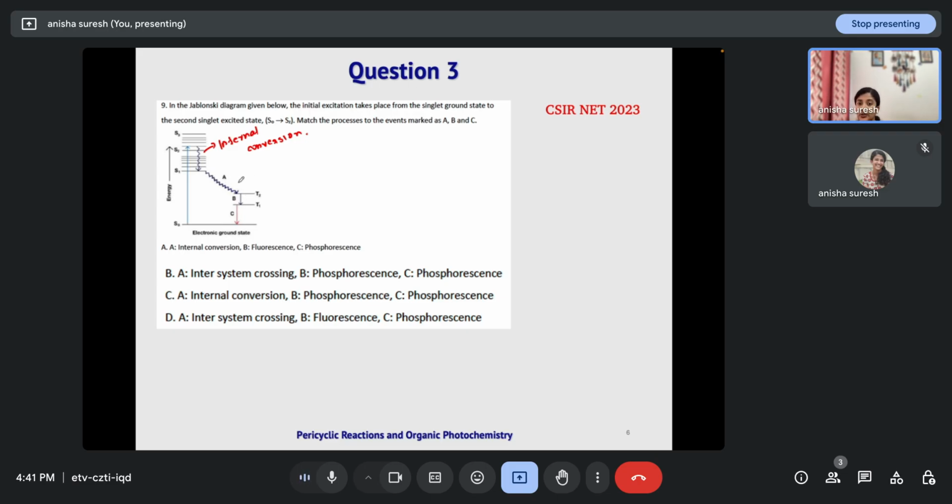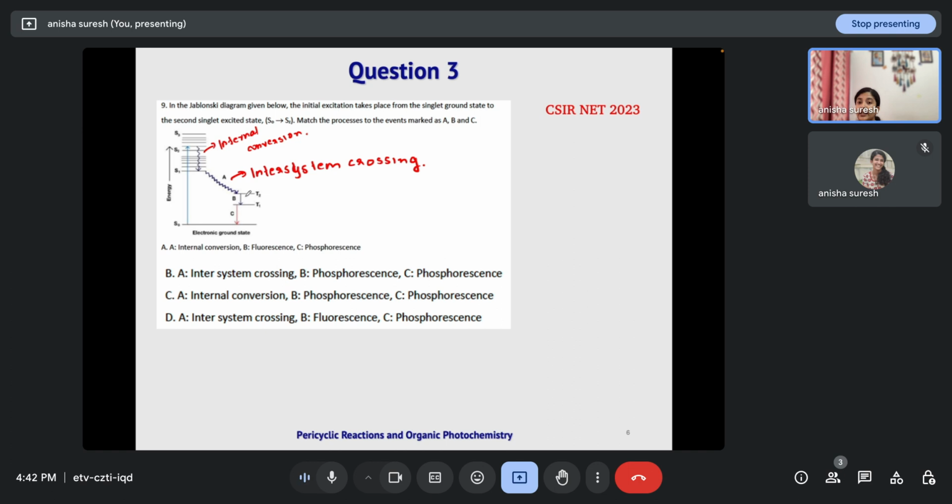So this is an example of intersystem crossing, which is a spin forbidden process. So A is an example of intersystem crossing. A radiative process is indicated by a straight line, and a non-radiative process is indicated by a wavy line. So this is a non-radiative process, an example of intersystem crossing.